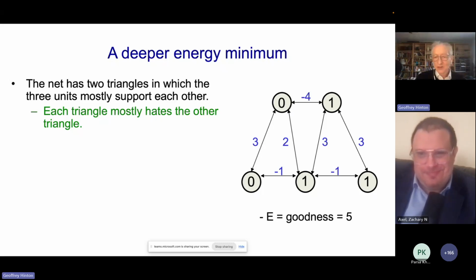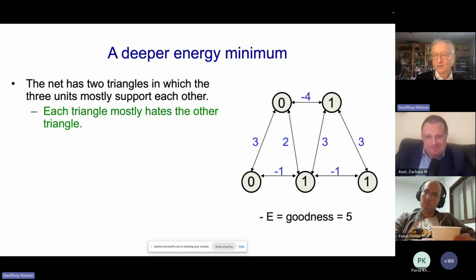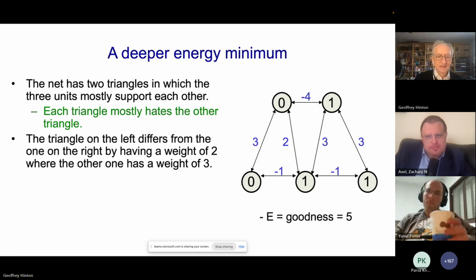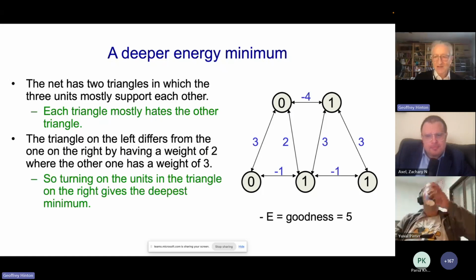And so the 2 minima of this network are with the right-hand triangle on, which has a goodness of 5, that's the deepest minimum, and with the left-hand triangle on, which has a goodness of 4, not quite so good. So that's the global minimum.